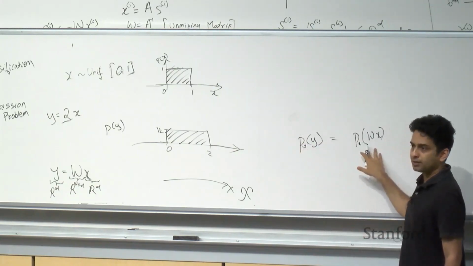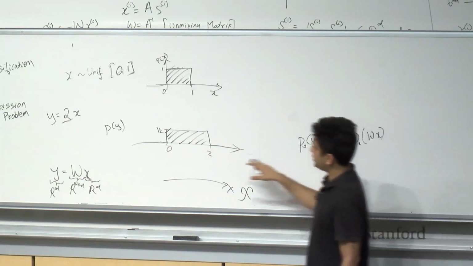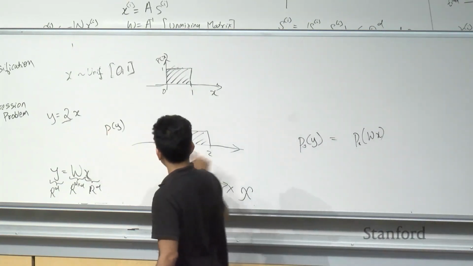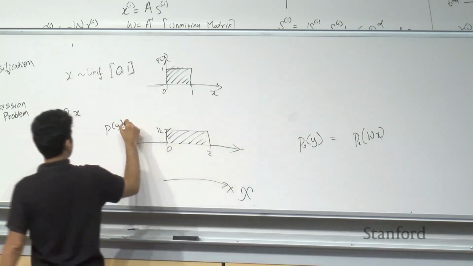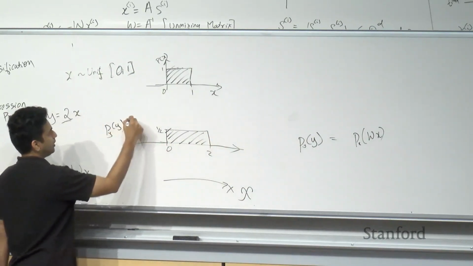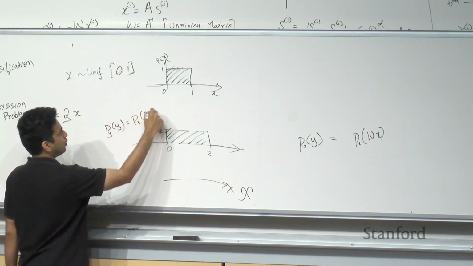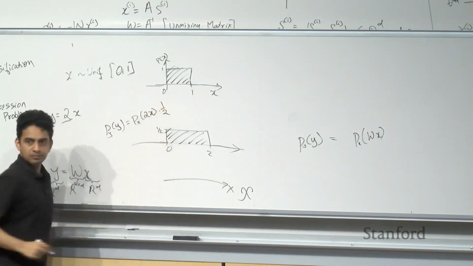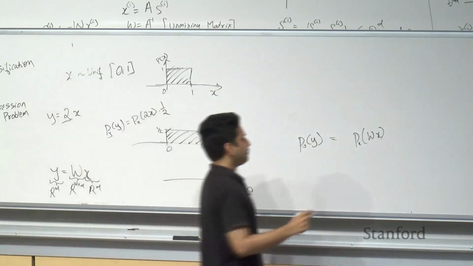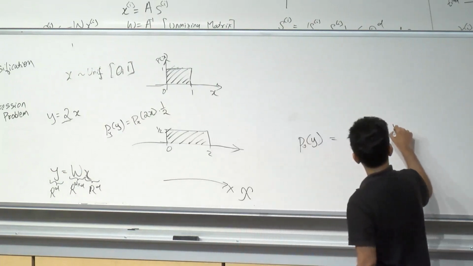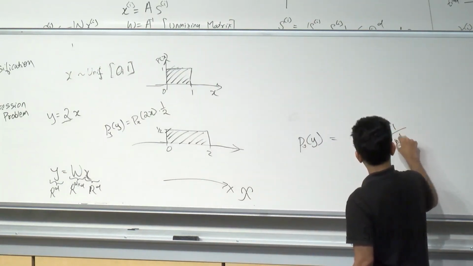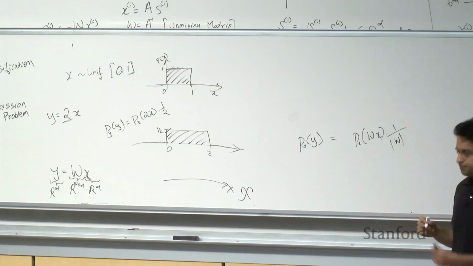Is this correct? This is not correct, right? And it's not correct because of the same reason, where p_y of y had to be p_x of 2x times 1 over 2, right? So similarly, here we need to divide it by the determinant of w, right?